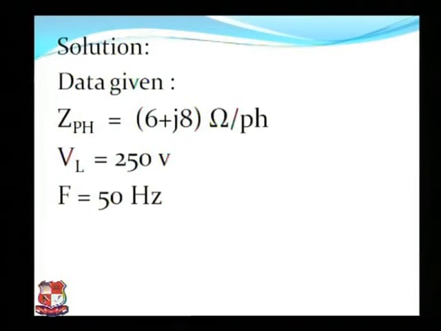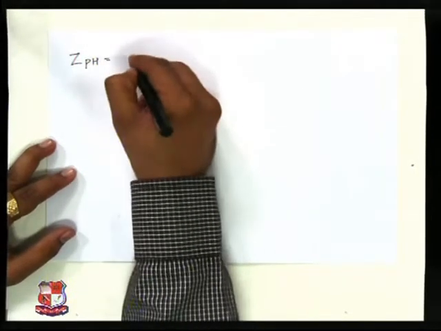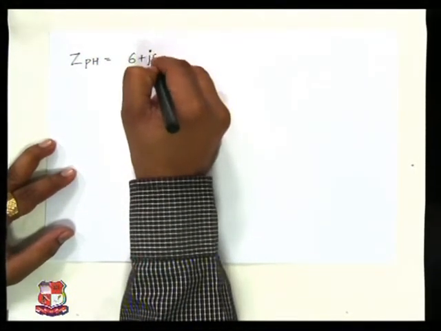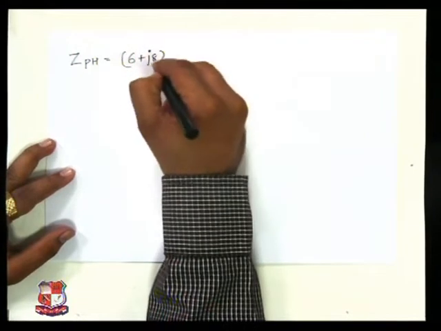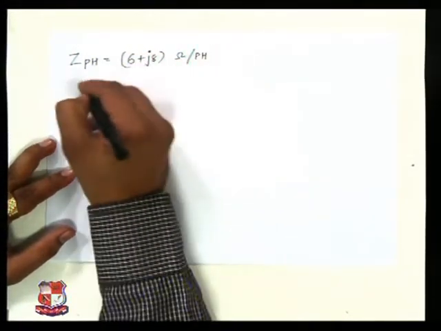First of all, you just write down whatever data is given in the example. Here, the first one is ZPH, which is 6 plus J8 ohm per phase.